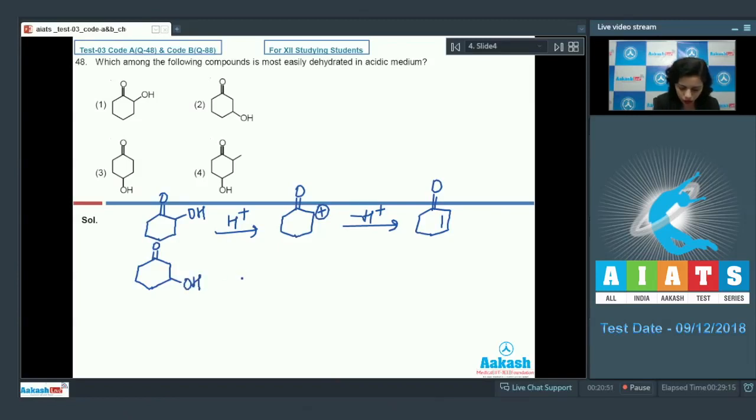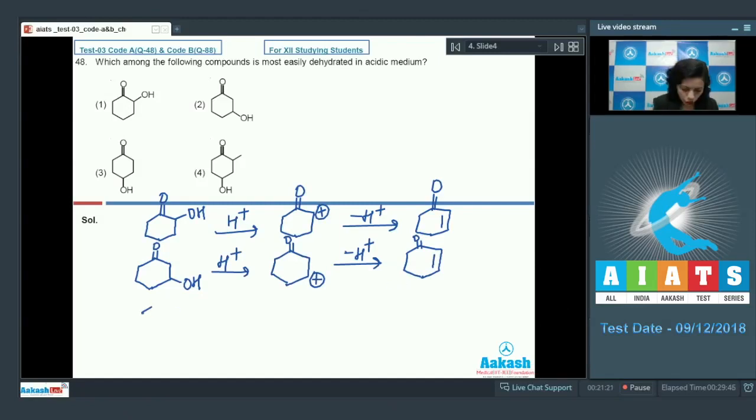Now, the next compound, given in option 2, has OH at the third position. Attack of this acidic proton, formation of the intermediate, that's the carbocation, and then removal of this proton to form the alkene here.